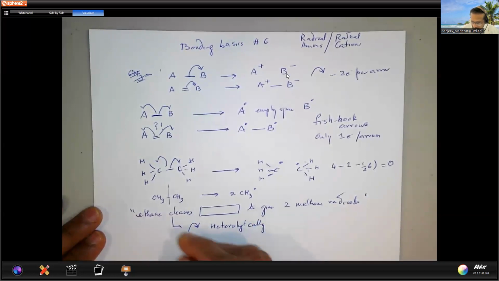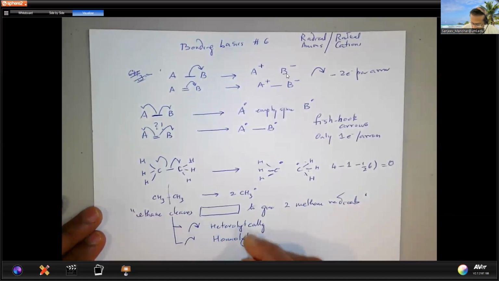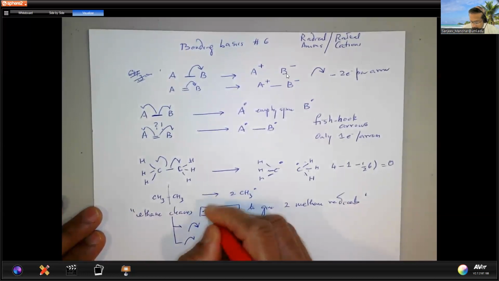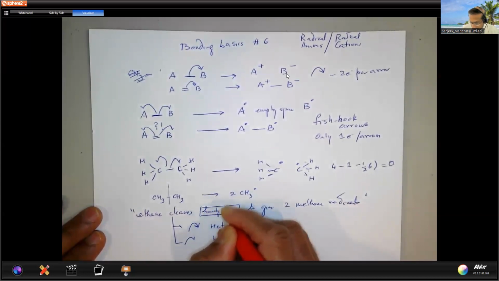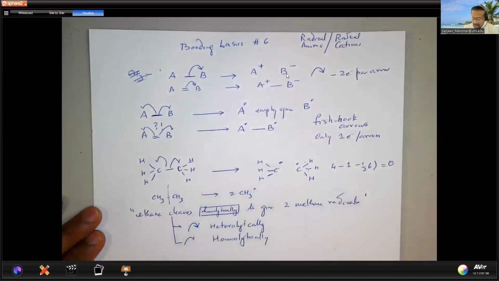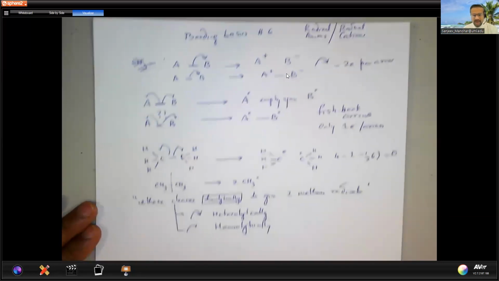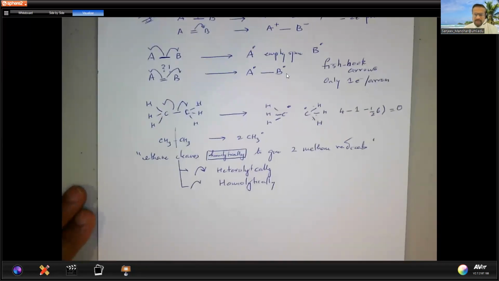Heterolytically. If it cleaves with a fishhook, it's called homolytically. So we should say ethane cleaves homolytically to give two methyl radicals. This is what it means, okay? So this is how bonds break.